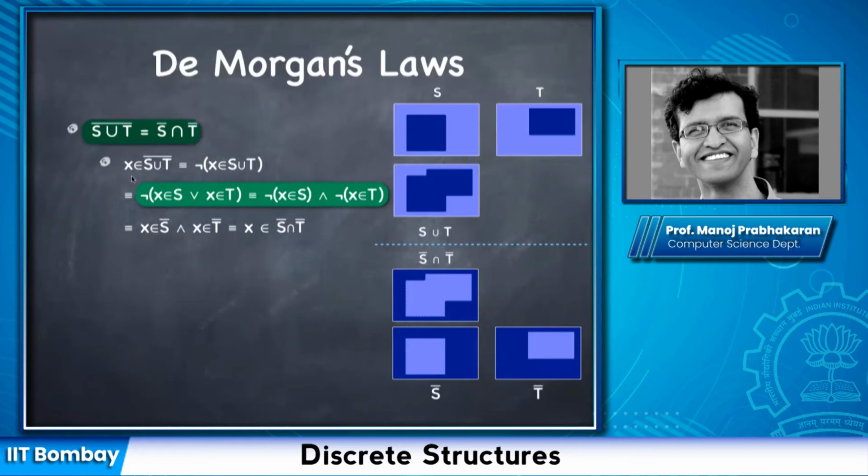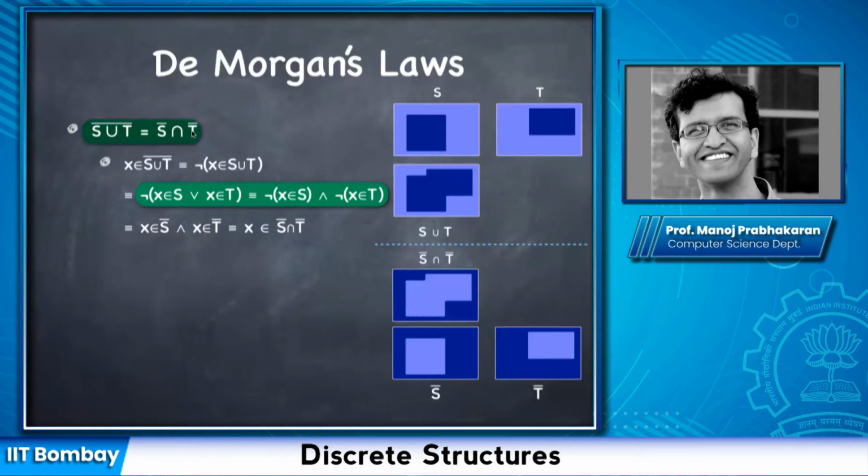All right, so x is in the complement of S union T is equivalent, as a formula over x, S, and T, if you will, to x is in S complement intersection T complement. Okay, so that is the membership predicate for S complement intersection T complement.